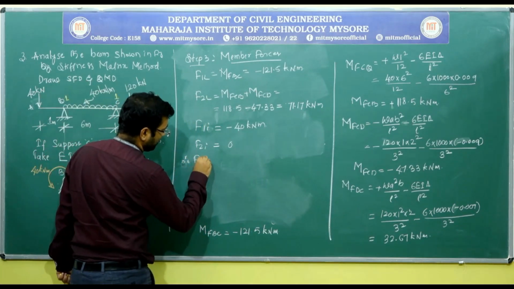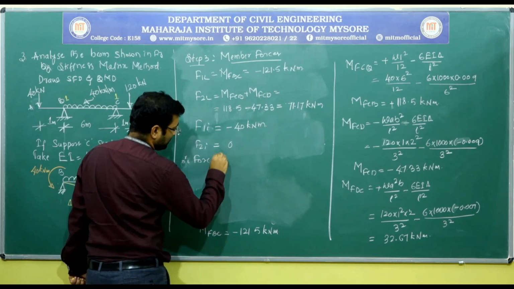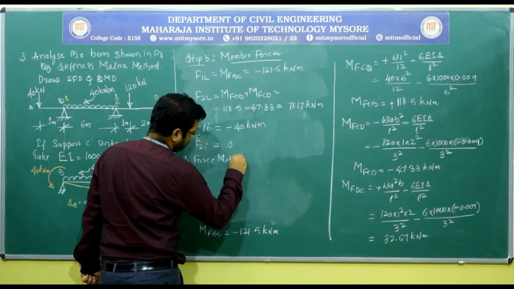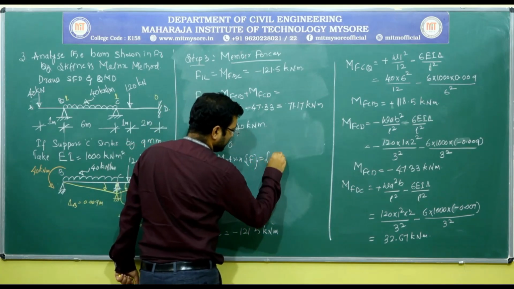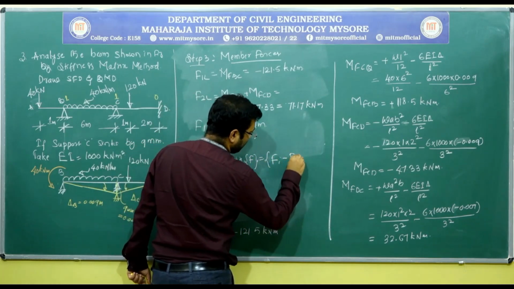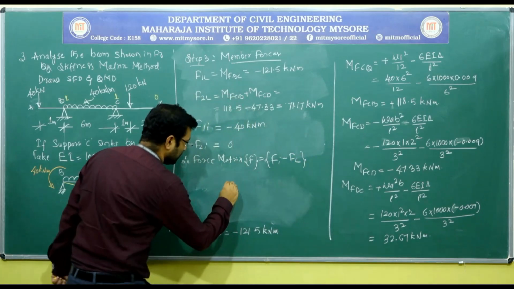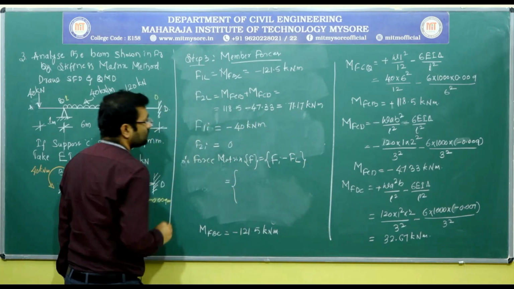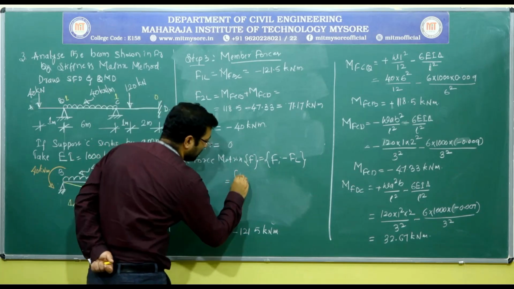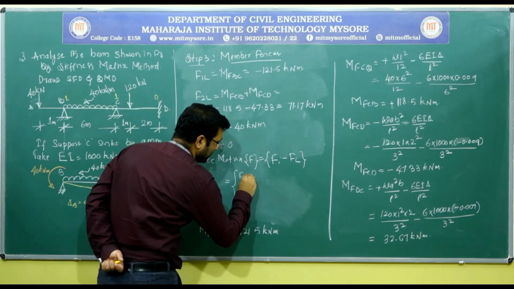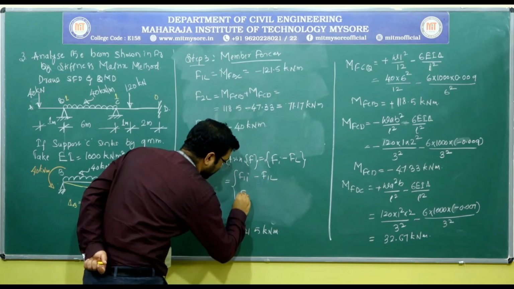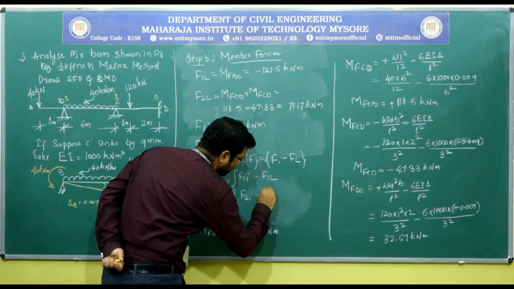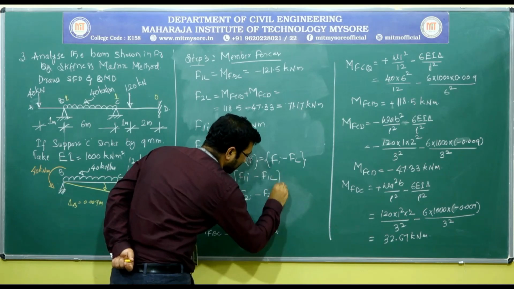Therefore the force matrix F is equal to FI minus FL. As there are two degrees of freedom, it will be F1I minus F1L, then F2I minus F2L.